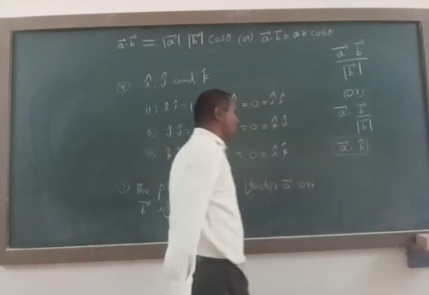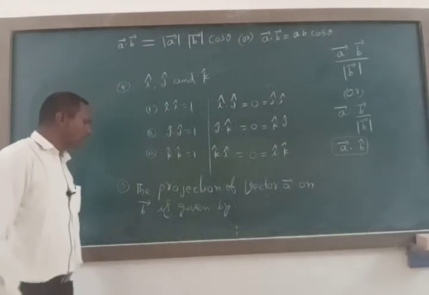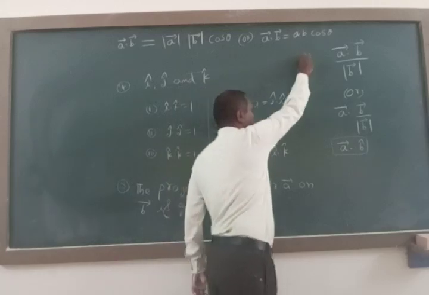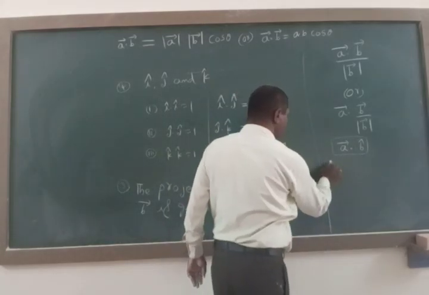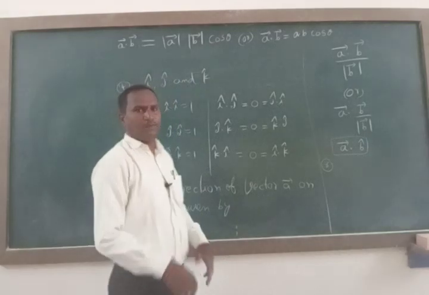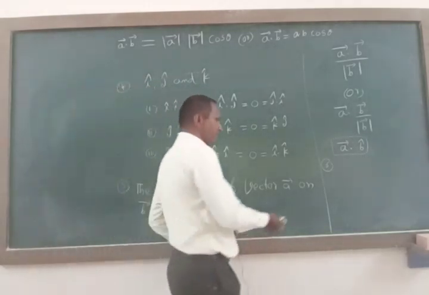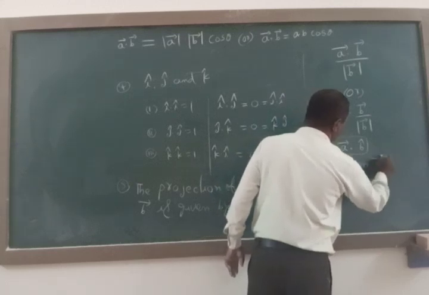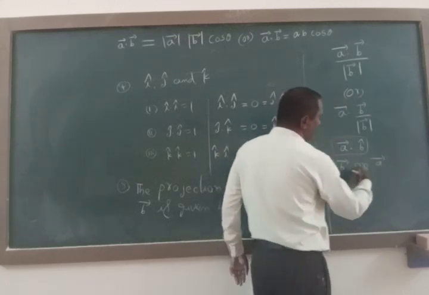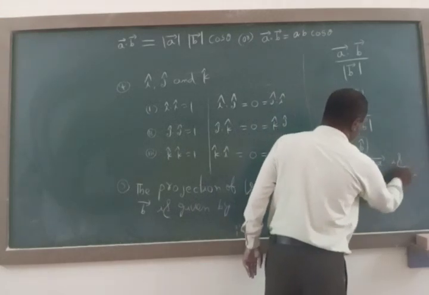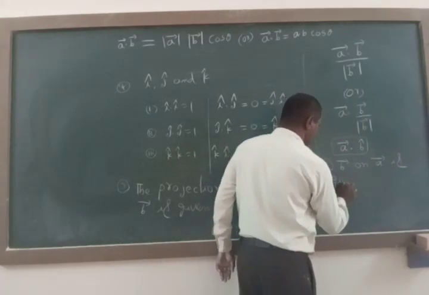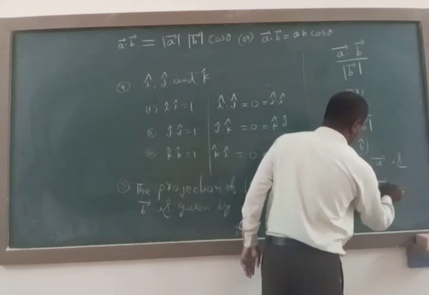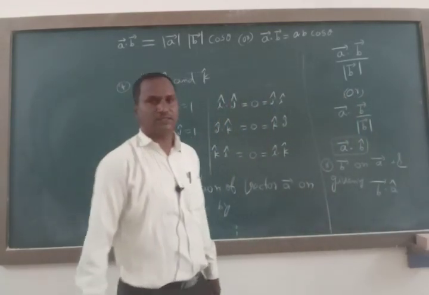That is the formula. The projection of the vector A bar on the vector B bar is always A bar dot B cap. Similarly, the projection of the vector B bar on the vector A bar is given by B bar dot A cap.